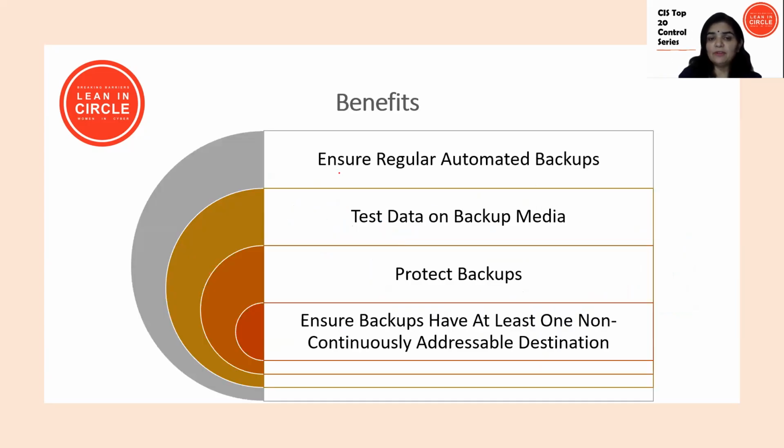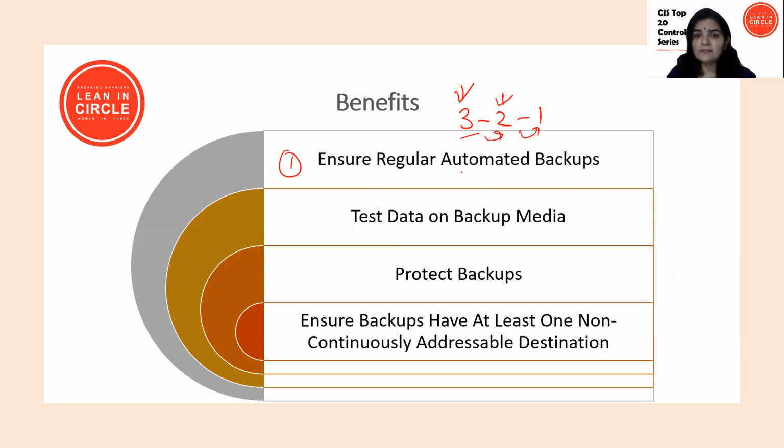The benefits: the first benefit is ensuring regular automated backup. This is basically a thumb rule which we need to understand: 3, 2, 1. 3 means always take 3 copies, use 2 separate media, and 1 you are going to keep at the offline level.